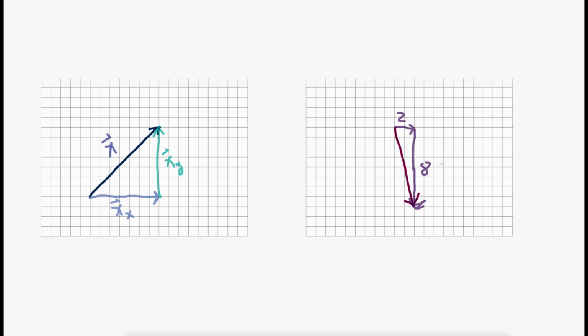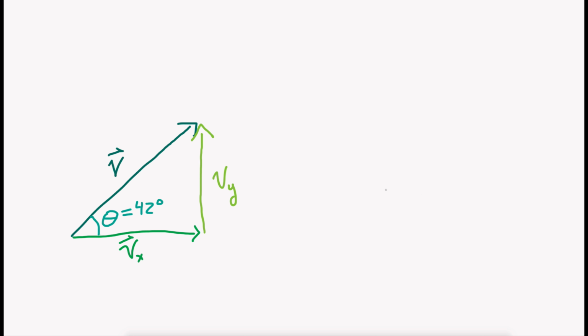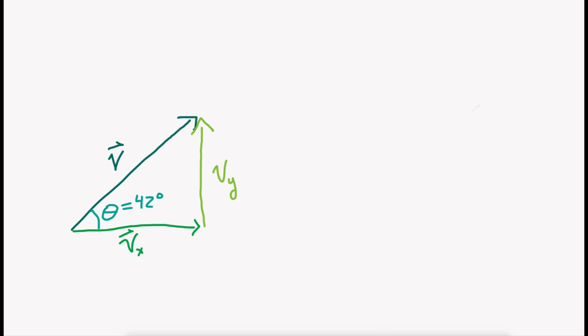So this has a value of 2 and 8. And we saw before this had a value of 7 and 7. So this is 2 and negative 8. That is their magnitude.